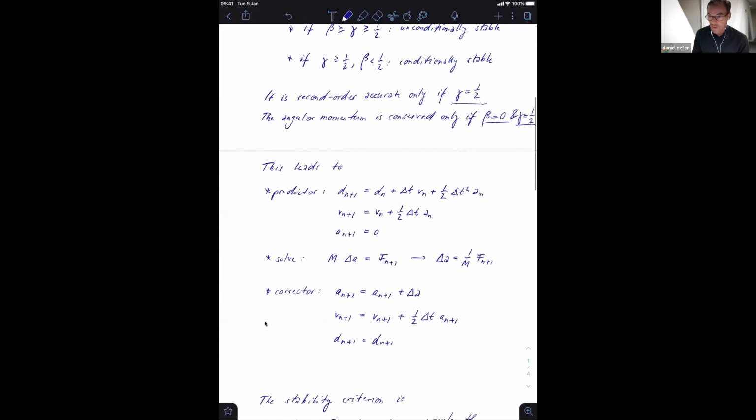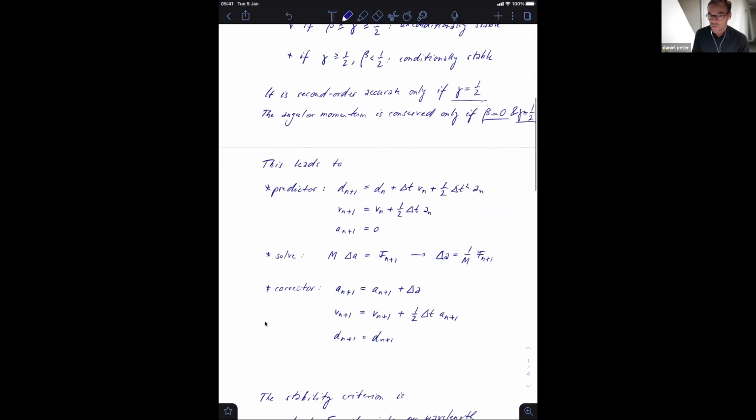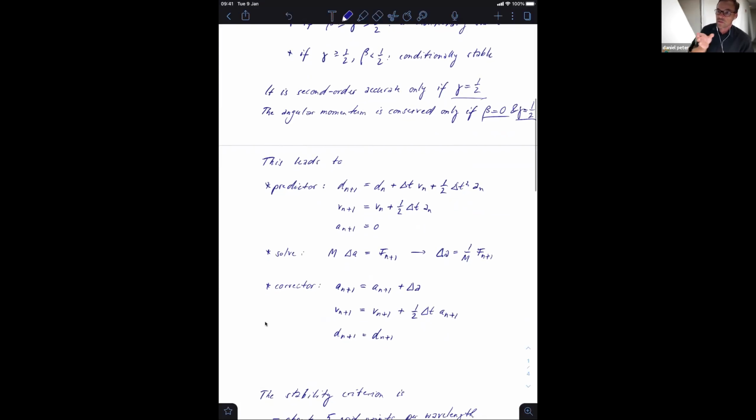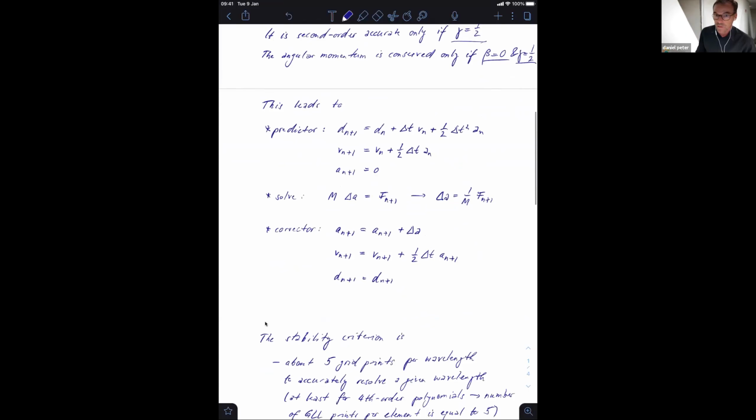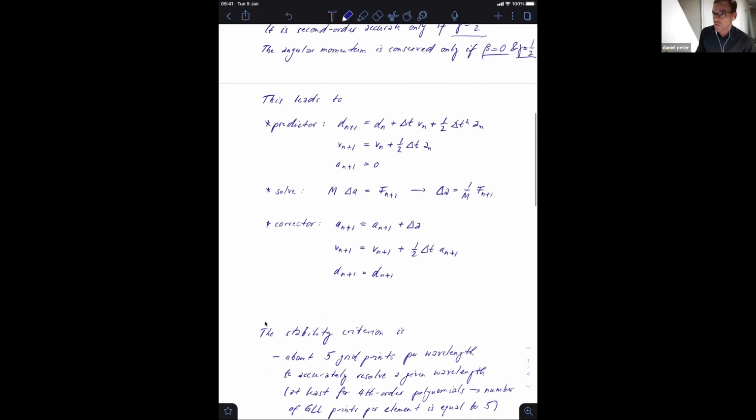There are local time step schemes where the delta t can change from one element to another. Those would be called local time step schemes. They would involve a bit more sophistication, but it can be done.